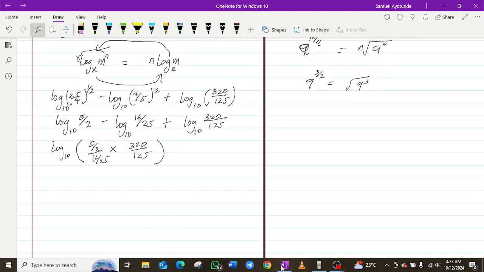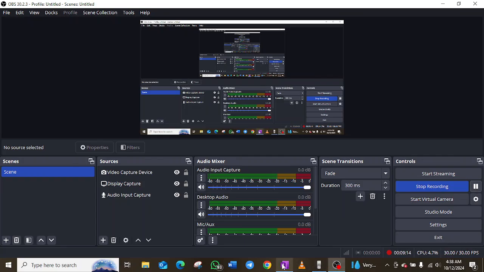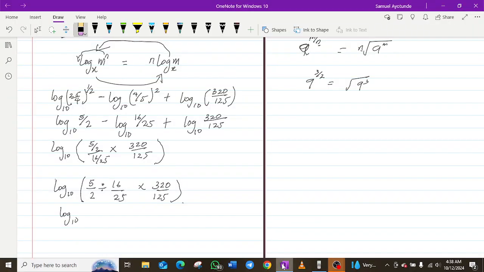So now we'll change the division to multiplication. So we have 5 over 2 times 25 over 16 times 320 over 125.